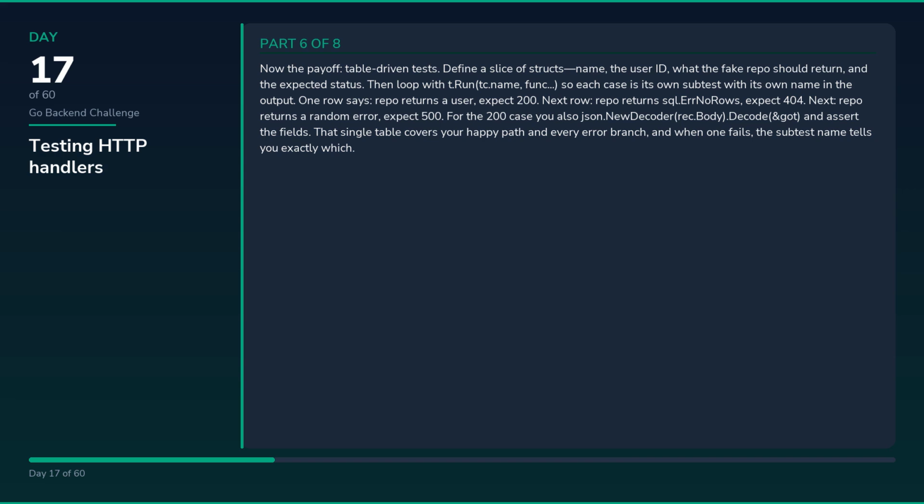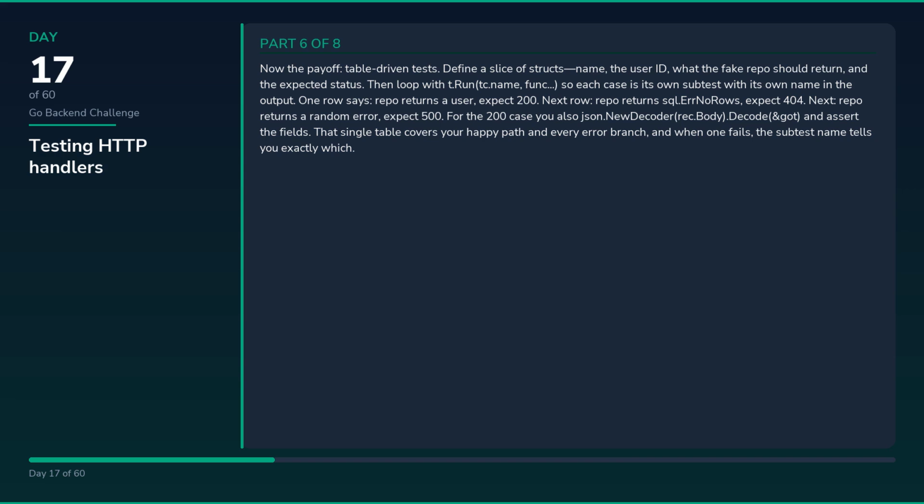Now the payoff, table-driven tests. Define a slice of structs: name, the user ID, what the fake repo should return, and the expected status. Then loop with t.Run(tc.name, func...), so each case is its own subtest with its own name in the output. One row says, repo returns a user, expect 200.